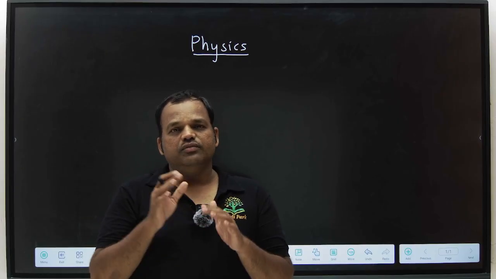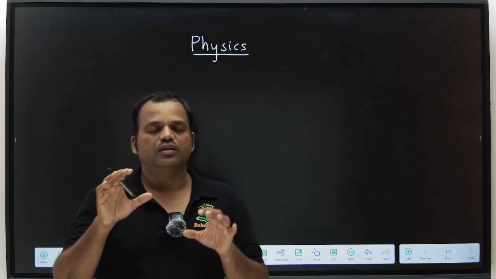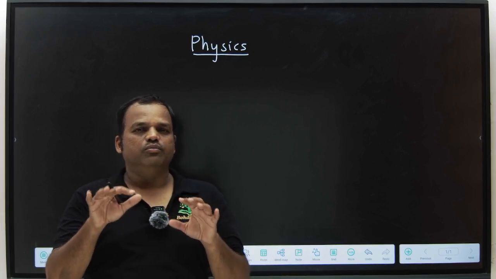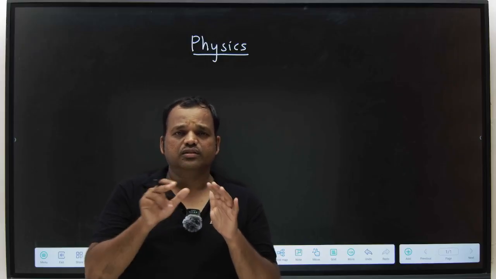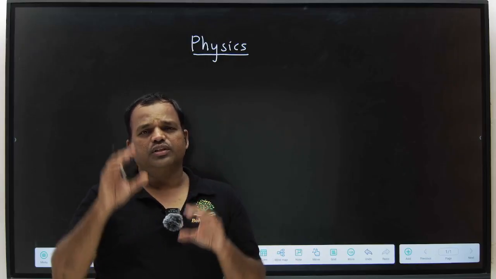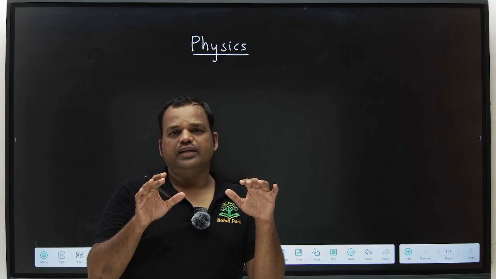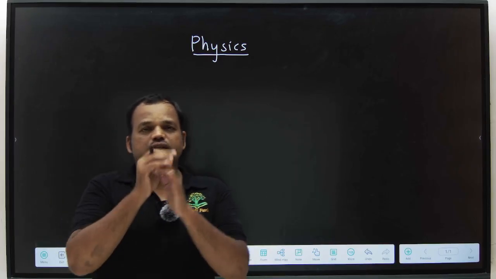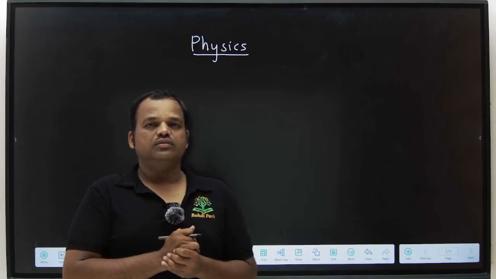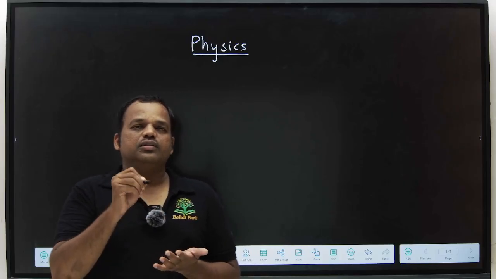Like suppose if there is a block and pulley question, you have to visualize how many blocks are there, two blocks or three blocks, where is the pulley and how the string is going over the pulley, which block is going up, which block is going down, or which block is going left or right. So all these things need time to think, to write on the paper, to solve the question.